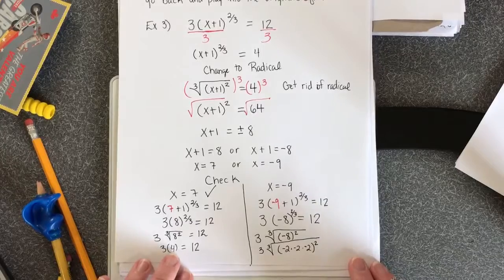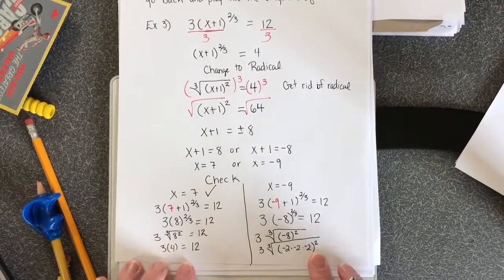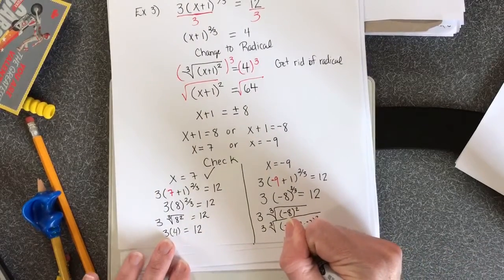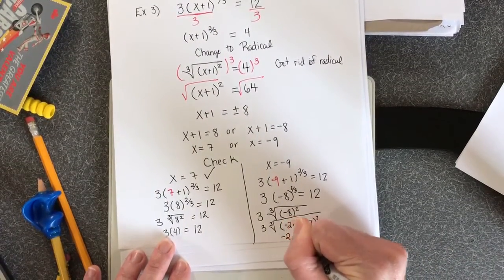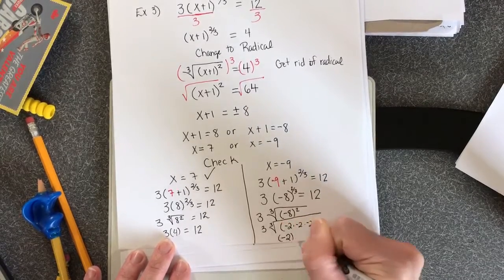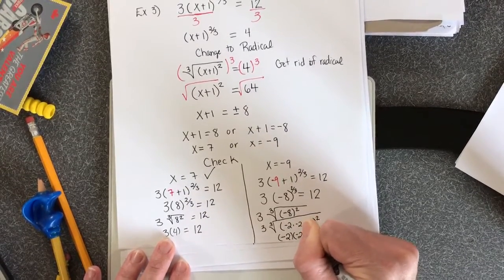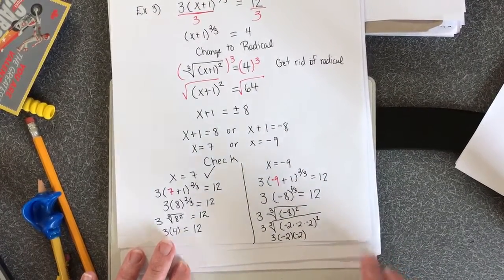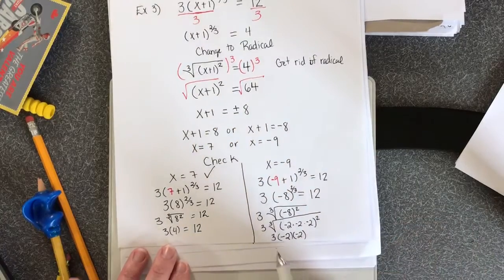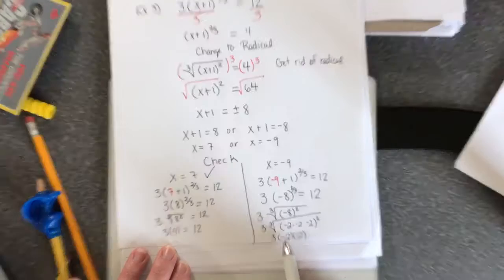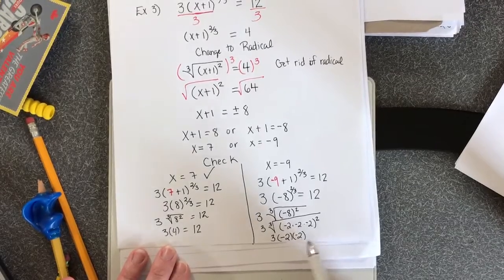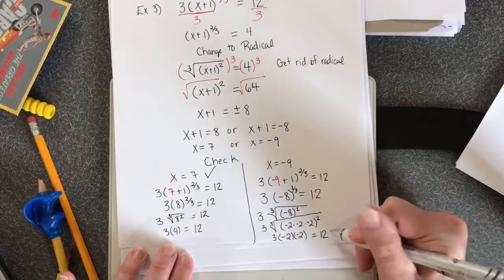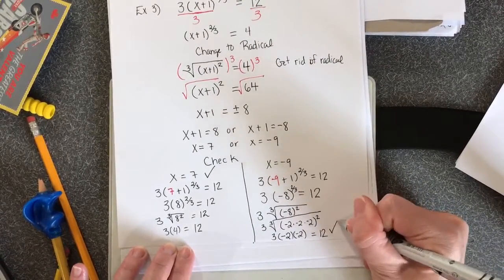And since I've got 2 sets of those underneath there, I can go ahead and write them out again. 2 negative 2's comes out of the radical because I'm taking out groups of 3. And so then I'm going to multiply that by the 3 to start with. So 3 times negative 2 is negative 6. Negative 6 times negative 2 is positive 12. So negative 9 is also a solution.